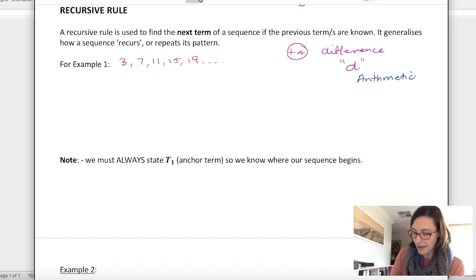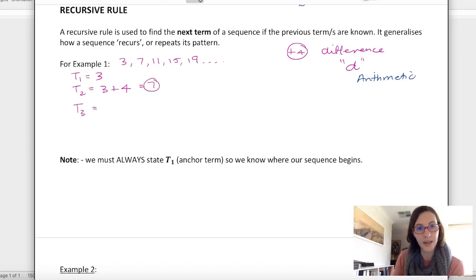So let's go back and consider how we formed each term. So term 1 was 3, and that was given to us. But we found that to find term 2, we needed to get term 1 and add 4 to it, and that gave us our 7.